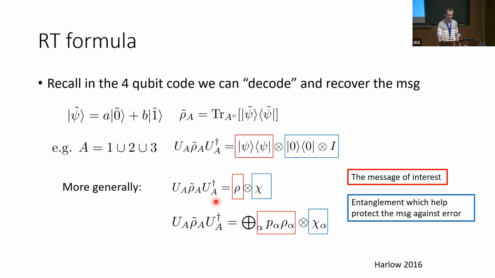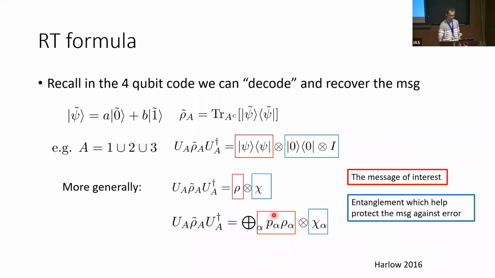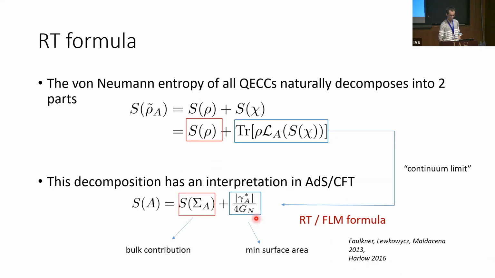It can look like this, or if your code is an operator algebra error correction code, then it can look like that. But the point is, there are these 2 pieces, right? By having erasure correction, you have these 2 pieces, and you can then compute the entropy on both sides of the equation.